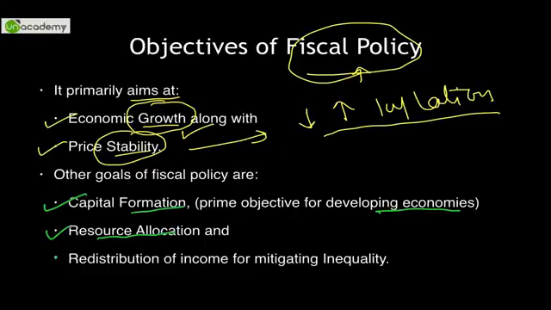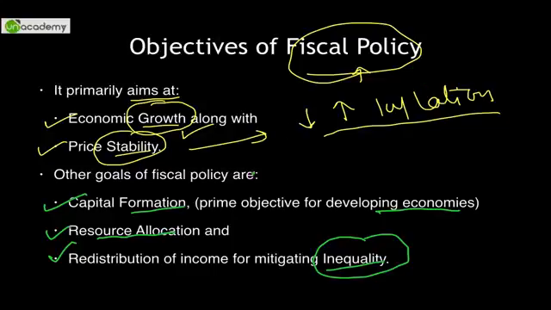And the third is redistribution of income for mitigating inequality. What do we mean by redistribution of income? The income that is different at every single level. A low income group person would earn accordingly, middle income would earn a little higher, and high income group would earn the highest, which is why the names low, middle, and high.